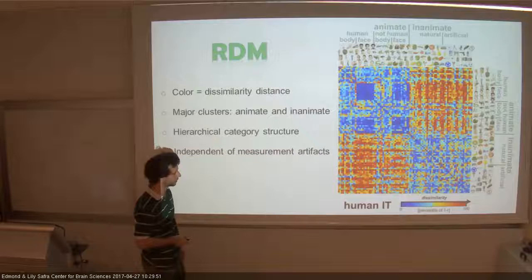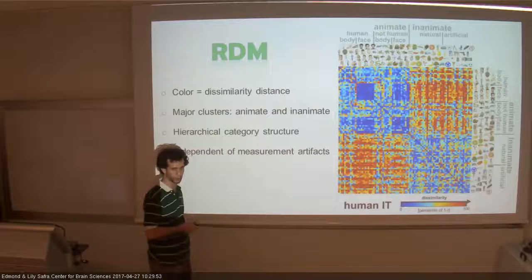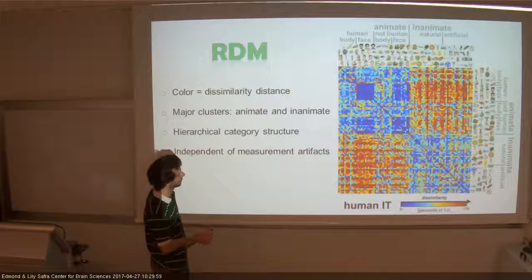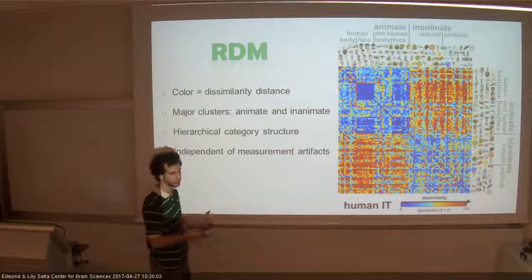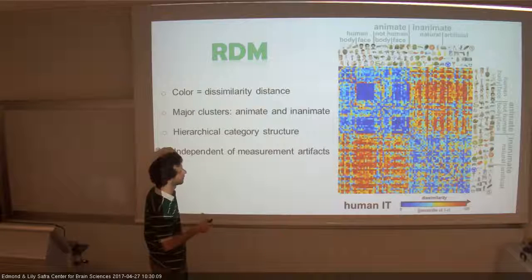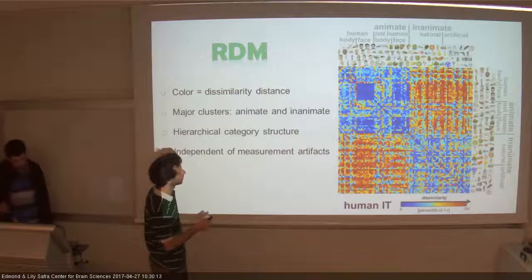Notice that this is for the human using the voxels. Soon we'll see it also for the monkey. Besides these four major clusters, which imply that there is some category of animate and inanimate, you can also see this very obvious square, which corresponds to a great similarity between human faces.